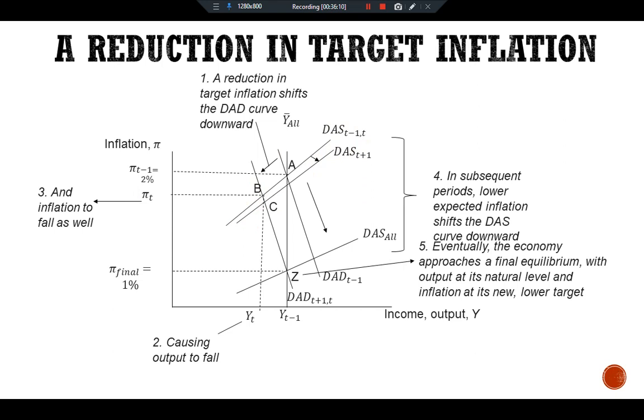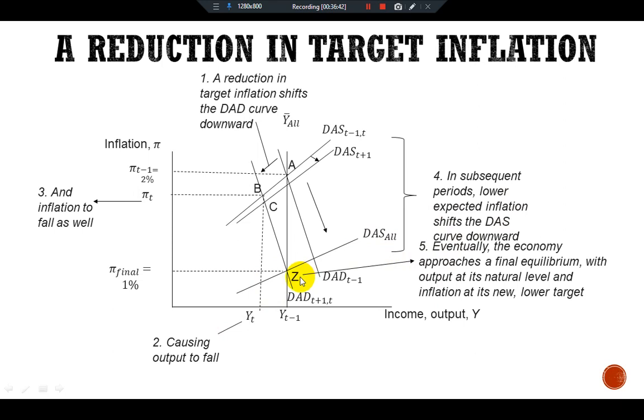Over time, inflation continues to fall, and we have a shift in the dynamic aggregate supply curve from this to this and till this. So we have a final dynamic aggregate supply curve for all the periods. The economy approaches its long run equilibrium at point Z, where the output is back at its natural level.